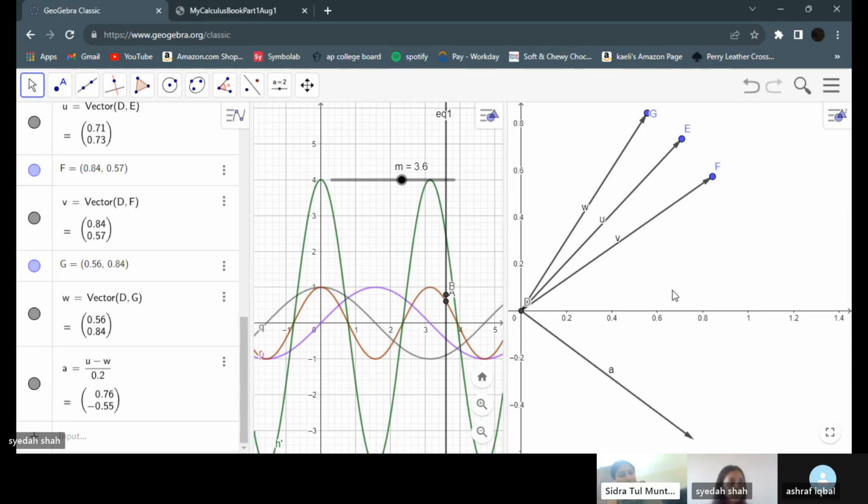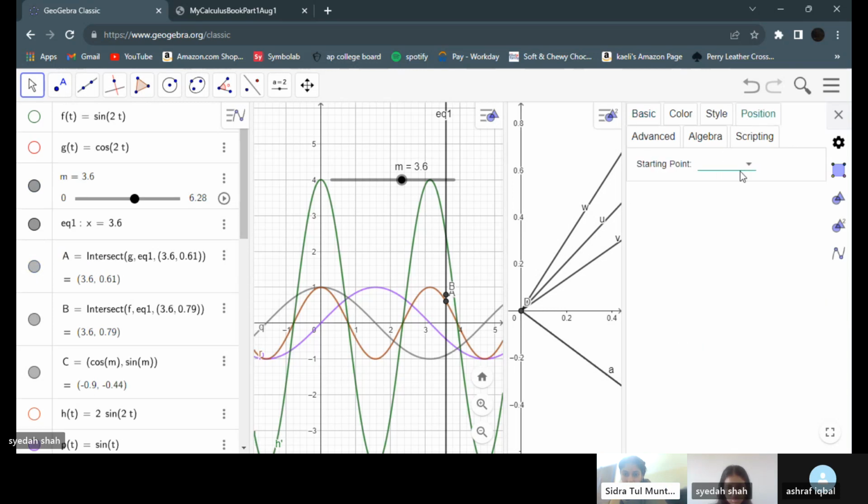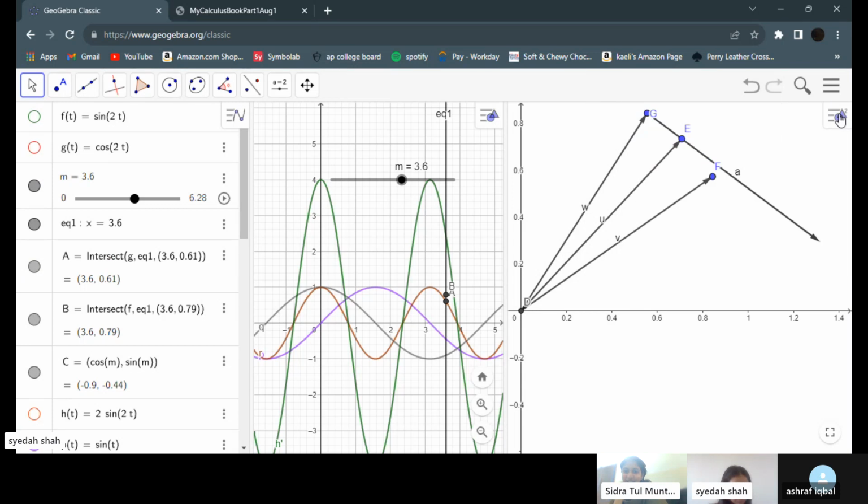Yes, you have found the velocity of the vectors, and so you can just change the position of A to G. Oh, sorry, yes, it's fine.